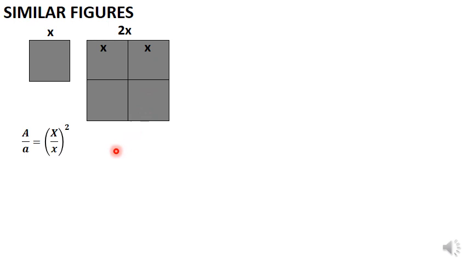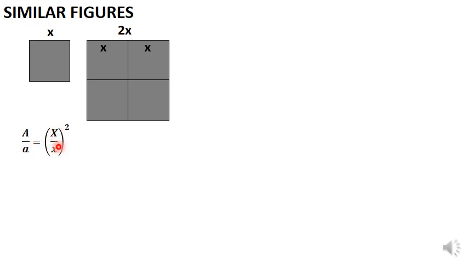This is our formula for the relation between the increase in the area with respect to the increase in the length. The ratio of the areas is equal to the square of the ratio of the lengths.